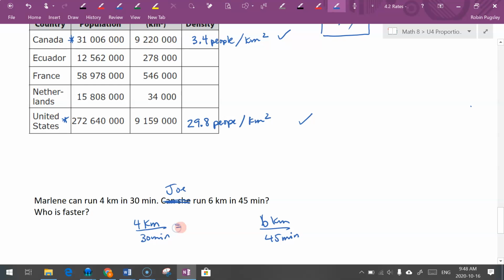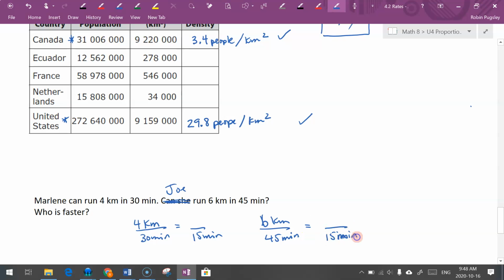So we could find out how far they can go in 1 minute and compare that. But again, you're going to get lots of decimals. So let's find maybe a common denominator, or maybe, hey, I can see 15 is a nice easy number they can both get to. It doesn't have to be per 1, right?